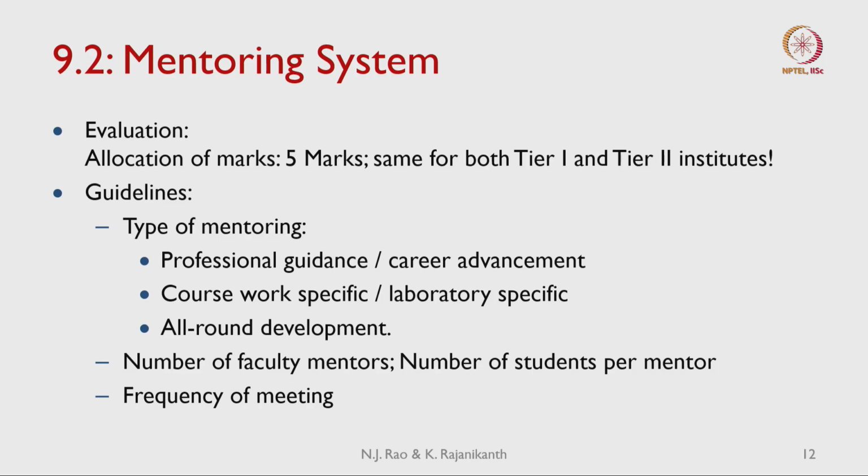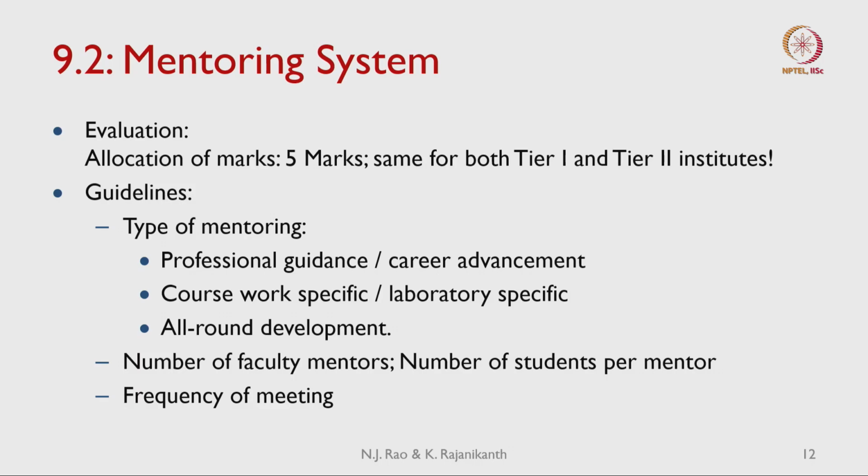So, what should be an ideal number? There is no hard and fast rule, but typically one faculty member can definitely comfortably look after 15 to 20 students without any issue. But of course, the numbers can differ based on the kind of facilities that are available, but we will show that the allocation is such that the mentoring activities are getting carried out effectively and efficiently.